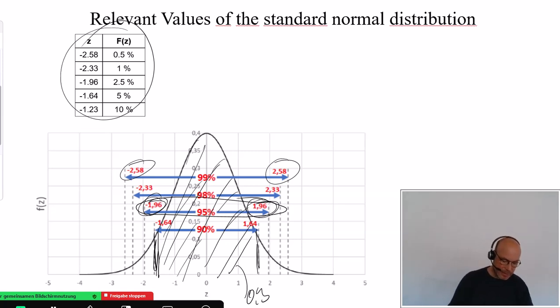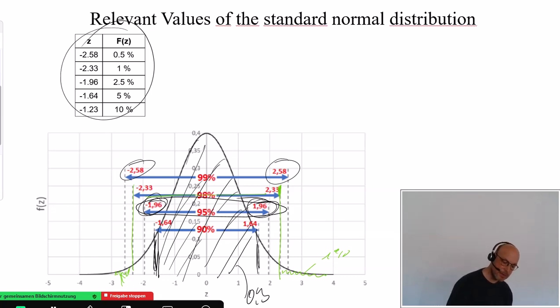Here, the symmetric 98% interval means, of course, up to this. This one would be then 1% because this is also 1%, and then the area within is 98%. So up to 2.33 in the standard normal distribution means that the accumulated probability is 99%.